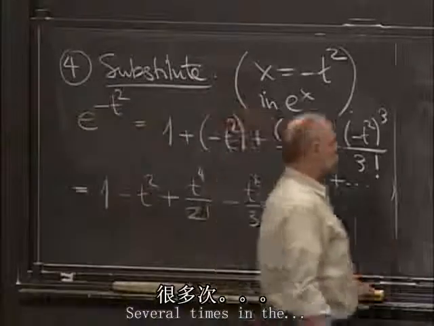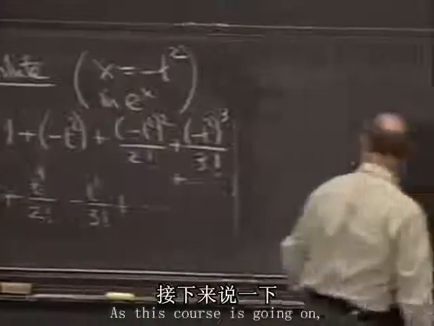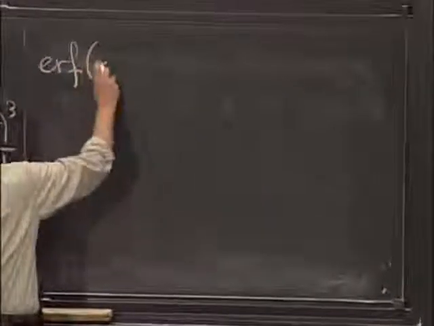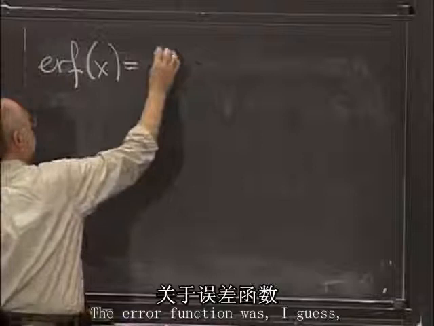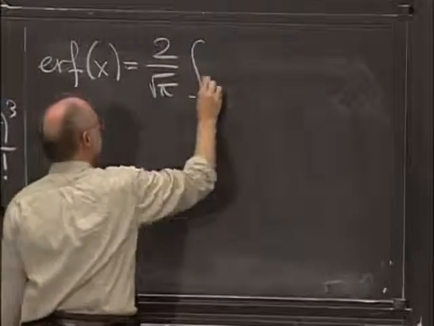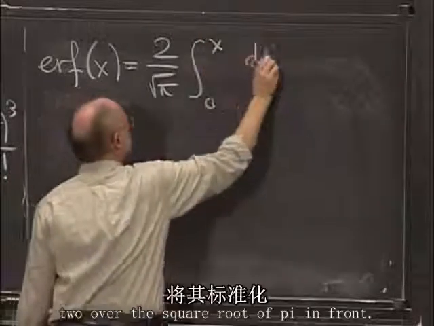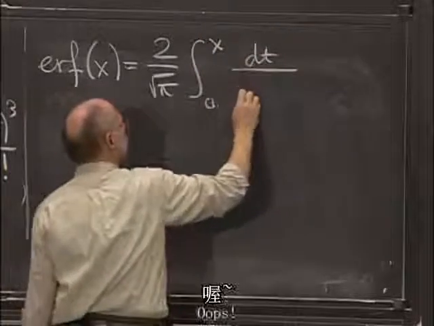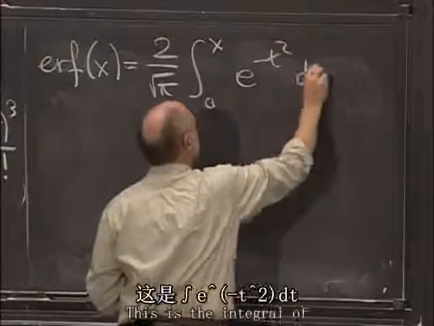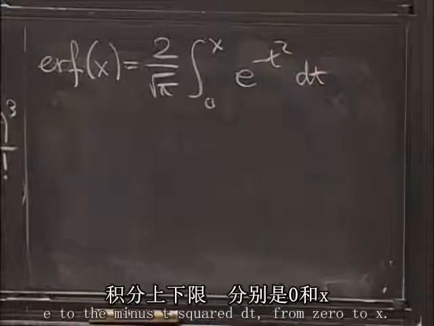Several times as this course has gone on, the error function has made an appearance. The error function gets normalized by putting a 2 over the square root of pi in front. And it's the integral of e to the minus t squared dt from 0 to x.